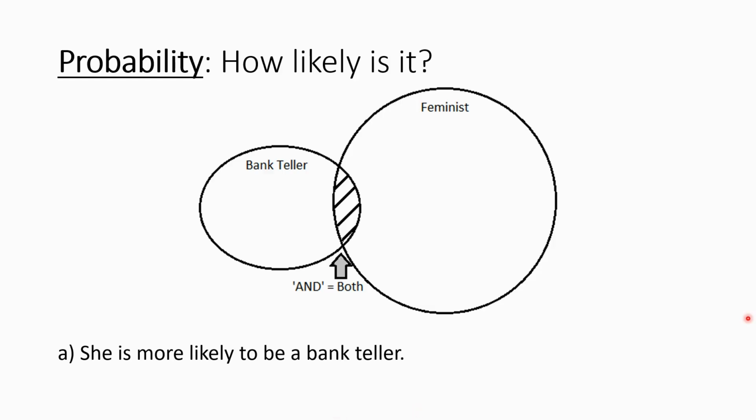While her background might strongly suggest she is a feminist, the probability of her being only a bank teller is still greater. Even if just one bank teller exists who matches her description but is not a feminist, the likelihood of her simply being a bank teller remains higher than the probability of her being both. In general, it's always more probable for someone to fit into a single category rather than two.